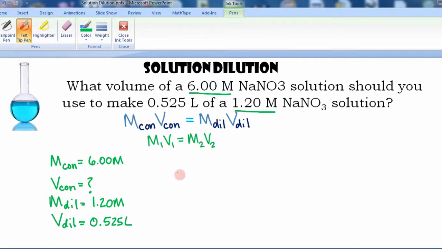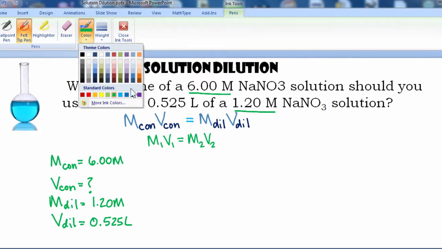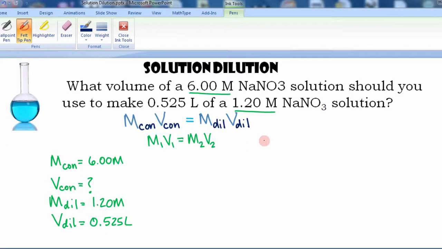Okay, so plugging this into this equation, the concentrated molarity times the volume of the concentrated is equal to M of the dilute times the volume of the dilute.